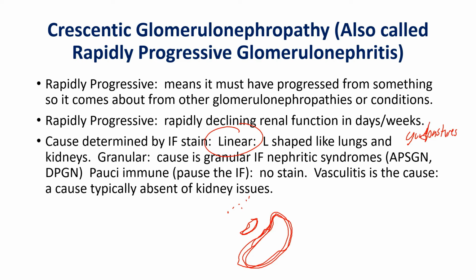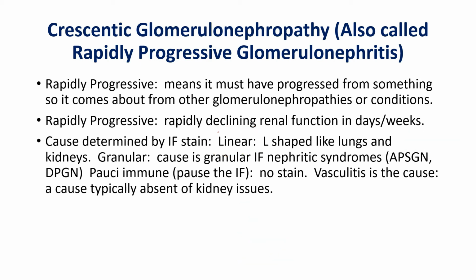So if you see rapidly progressive glomerulonephritis, which you recognized from the description of the patient plus a crescent in the kidney, and later in the question they either tell you the immunofluorescent stain is linear or show you in a picture, you need to think that the crescentic glomerulonephropathy was caused by Goodpasture's.